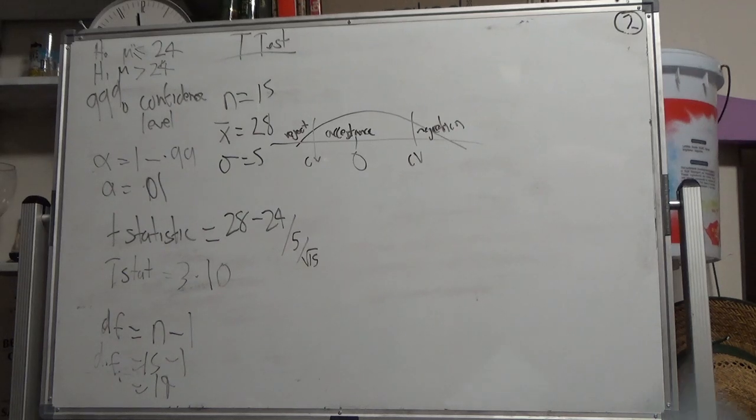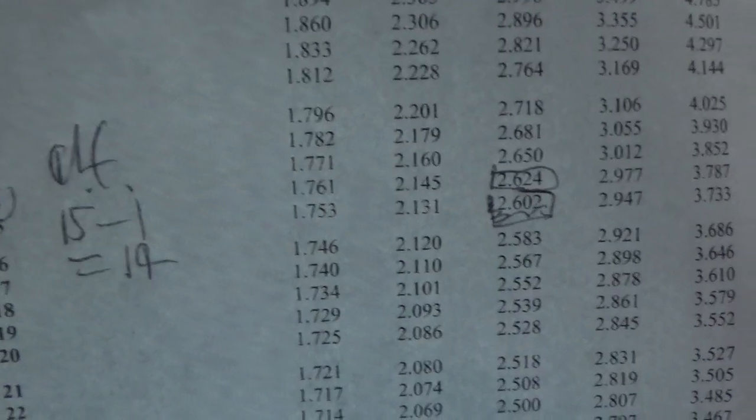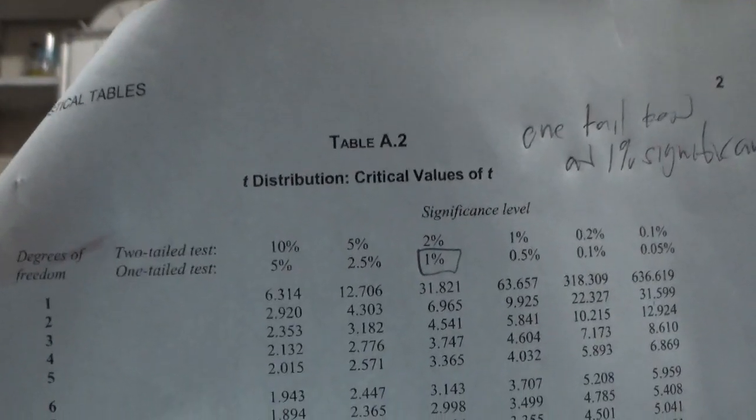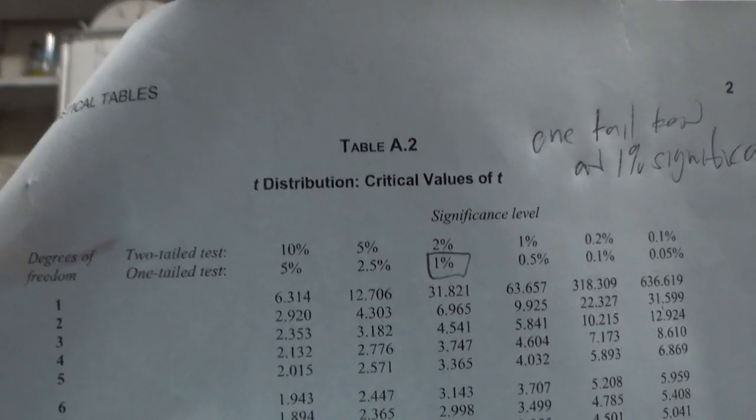There it is. So the left is the degrees of freedom, 14, right? And then you go along that row, and then up, you've got to look up. Now, this is a one-tailed test at 1% significance.